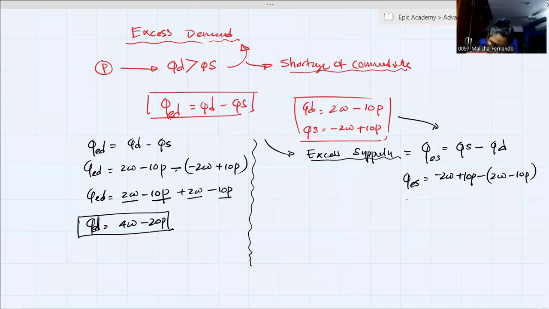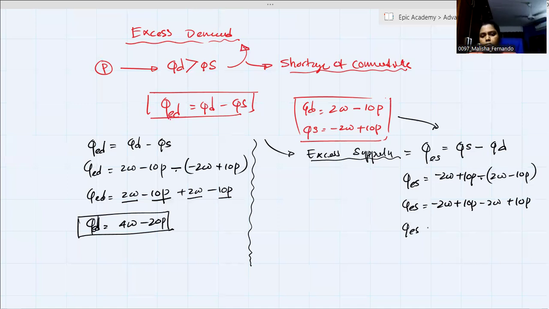We have to remove the brackets by multiplying by the minus value. Minus multiplied by 200 becomes minus 200. Minus multiplied by minus 10p becomes plus 10p.